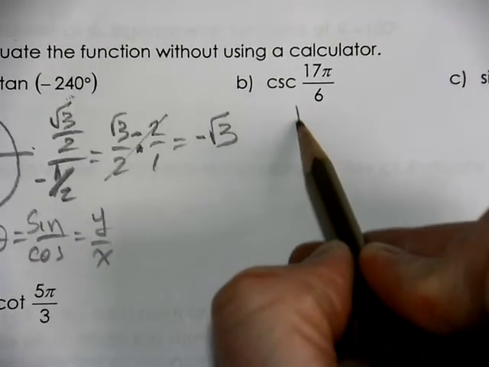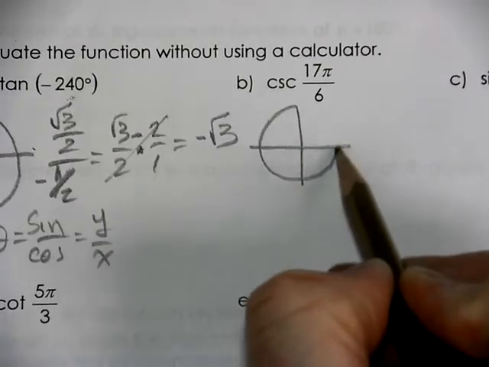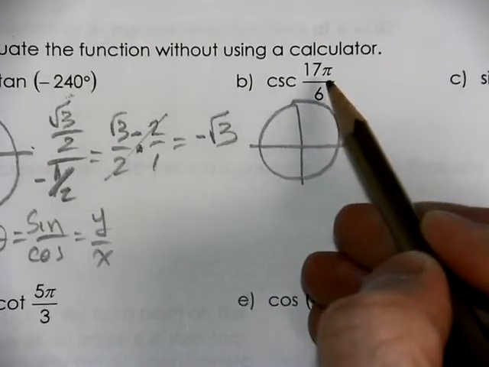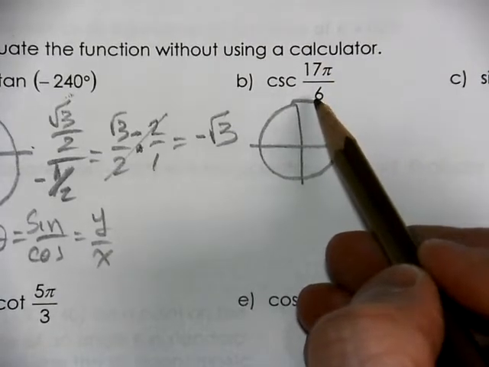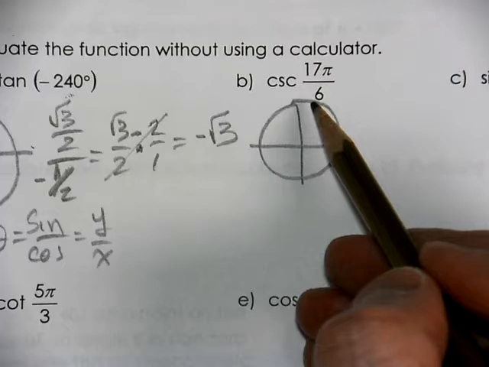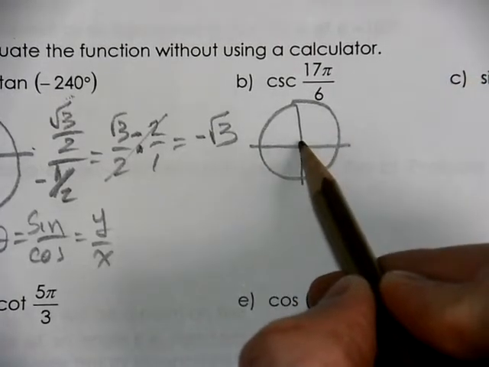So the first thing we need to do is identify where this angle would be pointing. So this is 17 pi over 6. That's actually off the unit circle. But where is it? One way to do it is just to count individually.